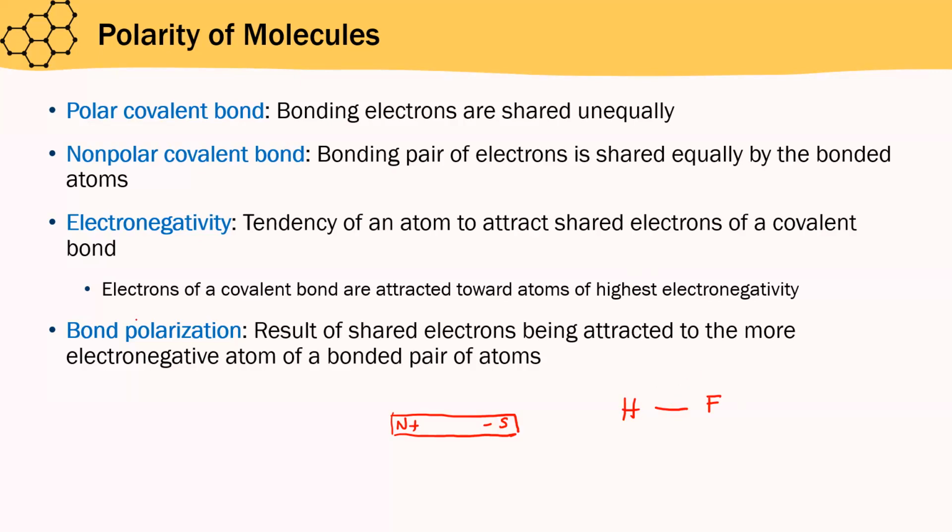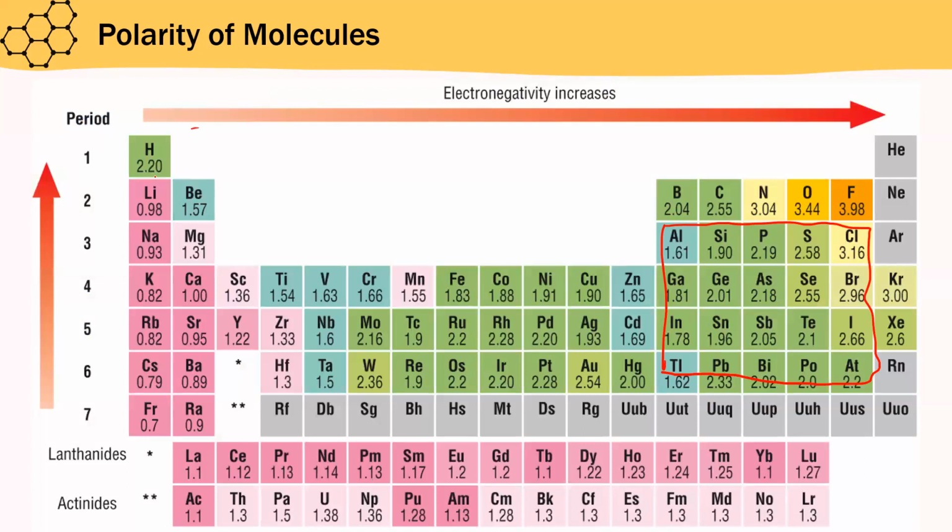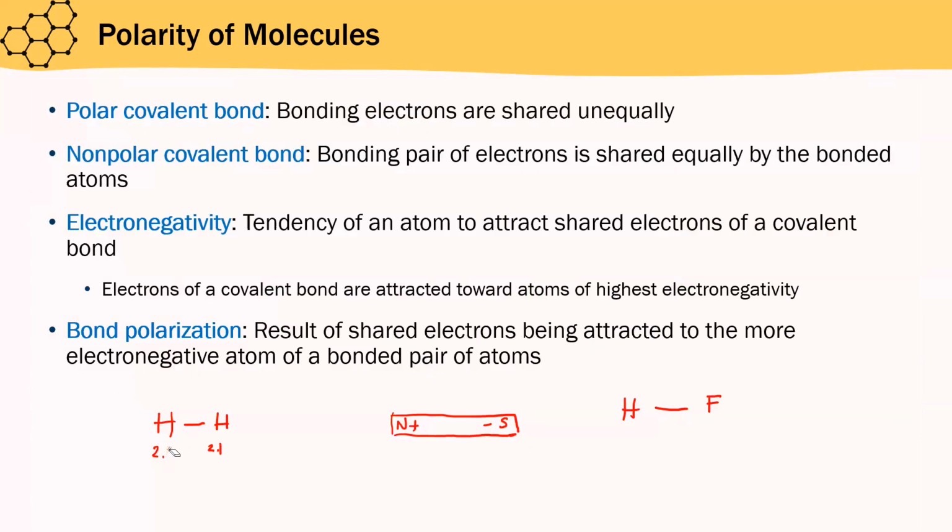Let's take, for instance, the hydrogen gas molecule. These are the same hydrogen atoms, so they have the same electronegativity. How do I know that? Just look here at the periodic table. It's 2.2, sorry. So they both have a 2.2 electronegativity.